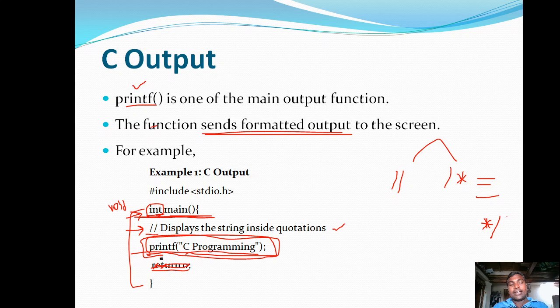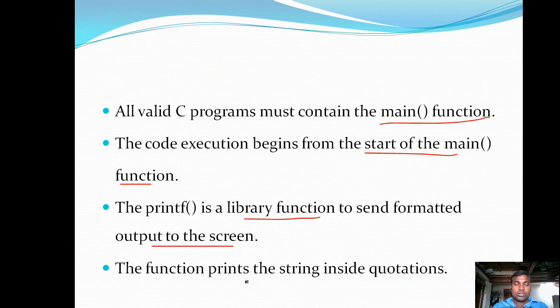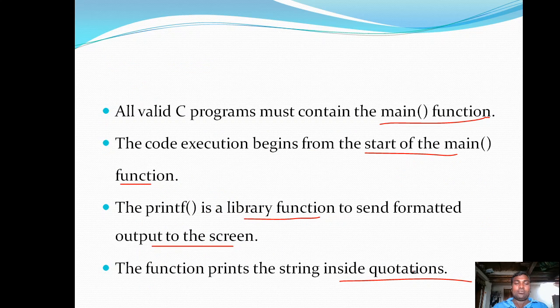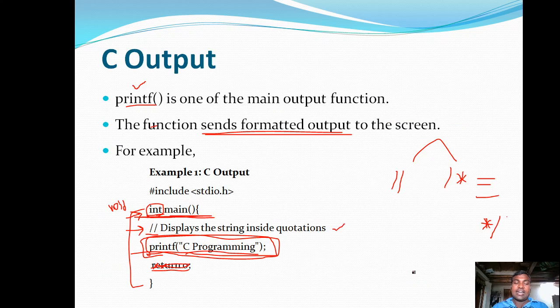So printf is a predefined output function, and whatever we write in the double quotes must be printed on the terminal. The function prints the string inside the quotations, so whatever we write inside the double quotation marks will be printed.